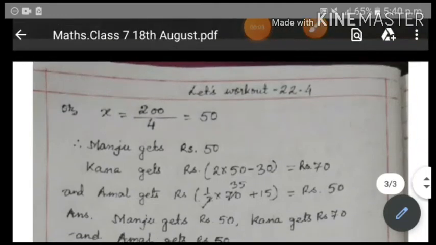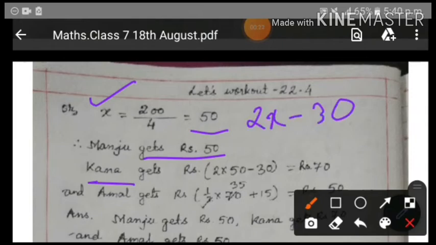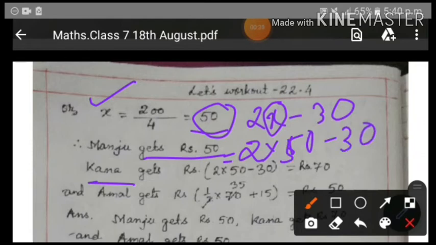So we have got the value of x, which is 50. We had taken the amount Manju gets as x, so Manju will get rupees 50. Kana will get 2 into x minus 30. Putting x as 50, 2 into 50 is 100, minus 30 gives 70. So Kana gets rupees 70.